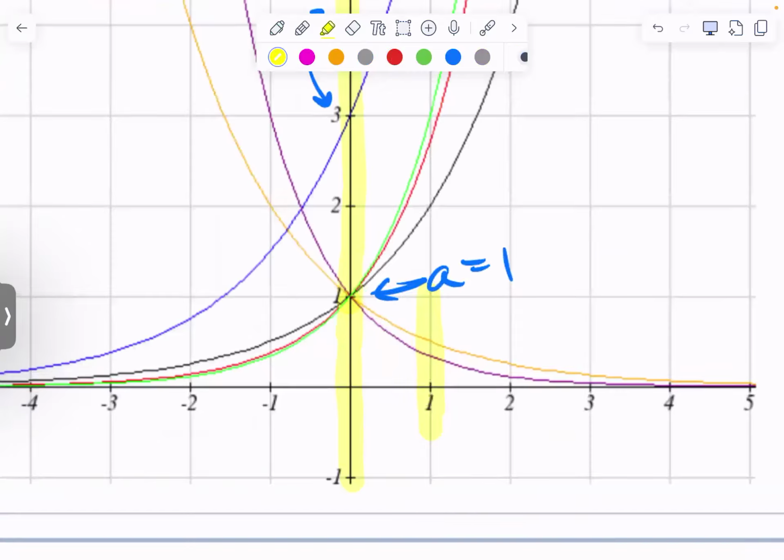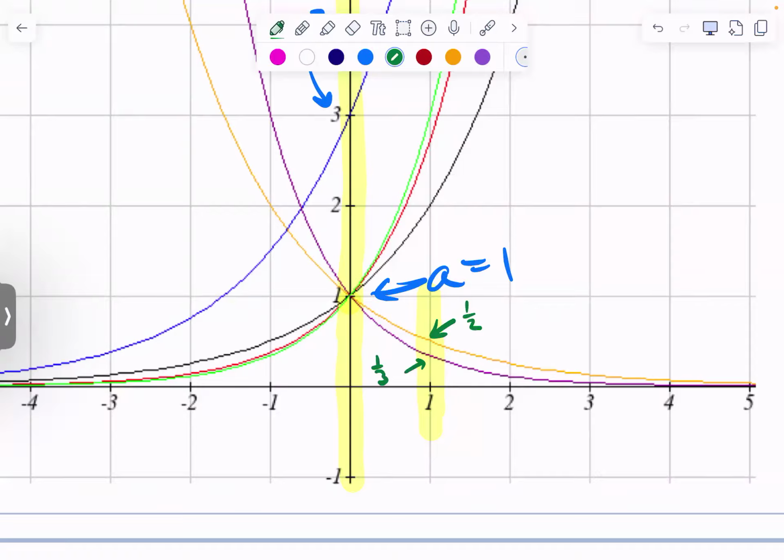I'm going to zoom in here. What I know about 1/2 versus 1/3, right? 1/2 is larger than 1/3. And so I'm going to say that this is at 1/2, making this at 1/3.